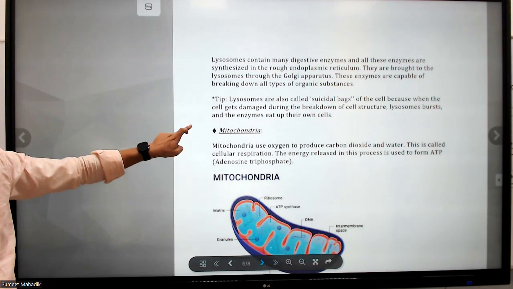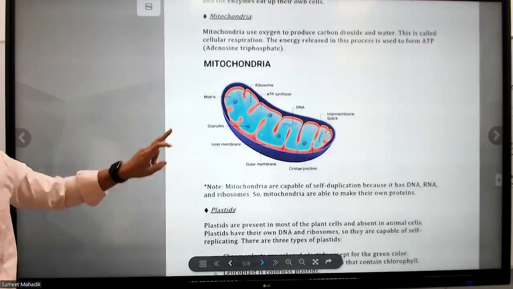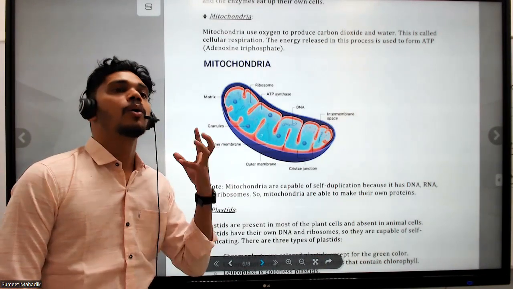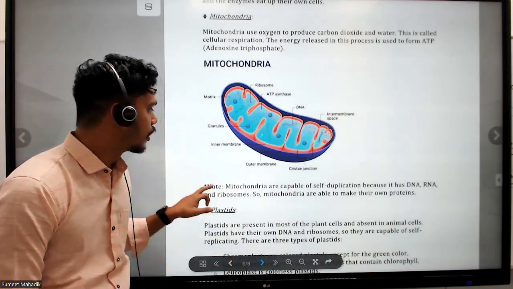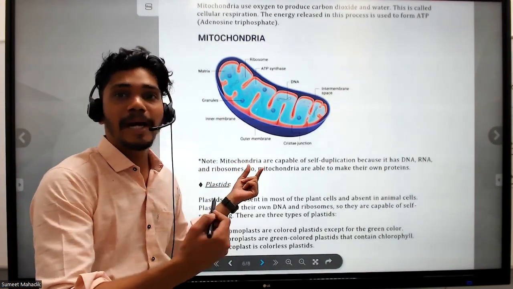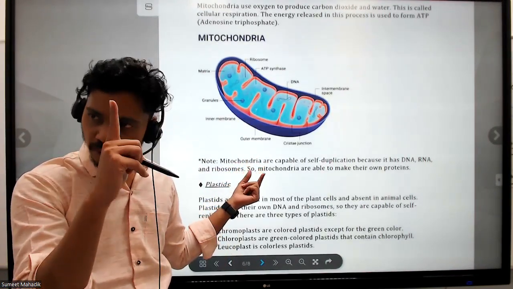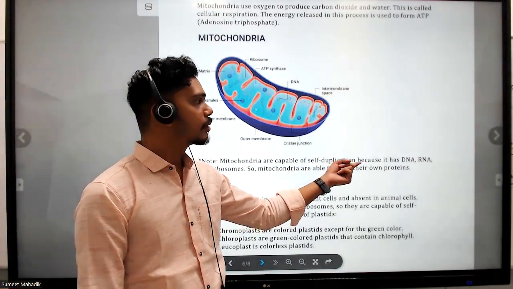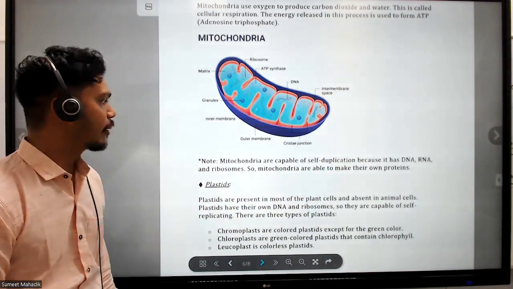Everybody? Now the mitochondria is called the powerhouse of the cell. You have been hearing powerhouse for a long time. What is the powerhouse? Who is going to give the energy? The mitochondria. One is a mitochondrion, many are mitochondria. They are capable of self-duplication because they have DNA, RNA and ribosomes.